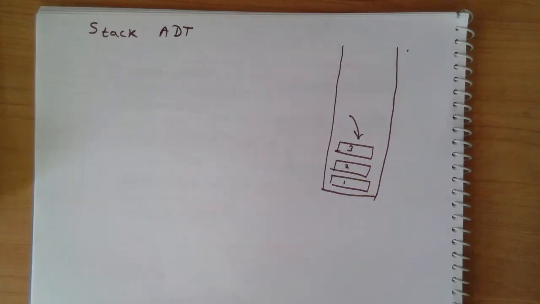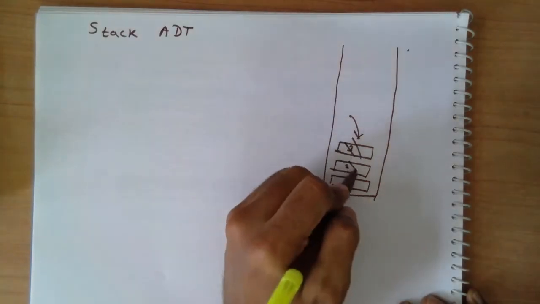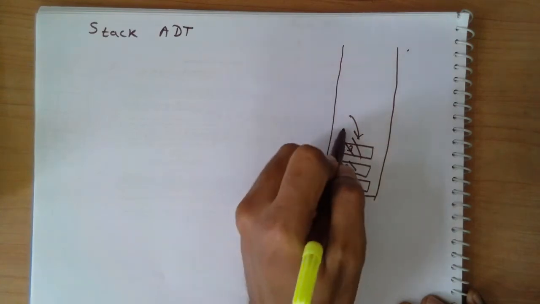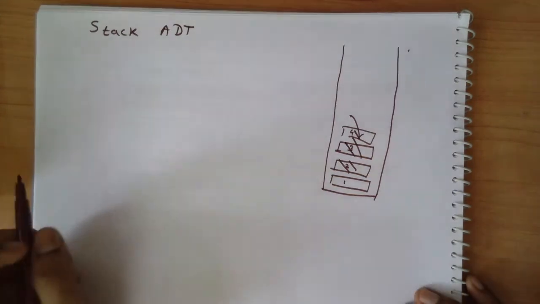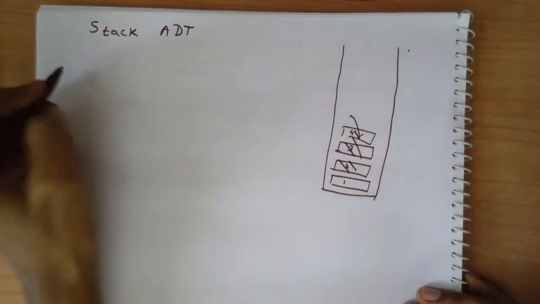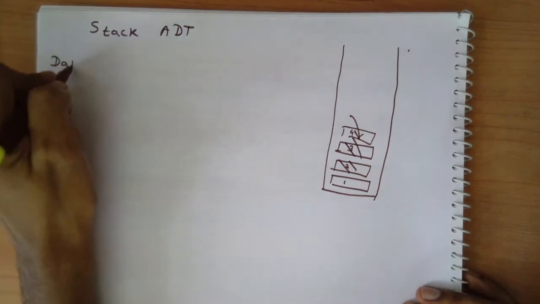So we are going to have the same concept encoded in our data structure. If I take out 3 and after that I take out 2 and then I add 4, then 4 becomes the last in first out. Okay, so let's define what the stack should store. If I define the stack as an entity, what data should it have?